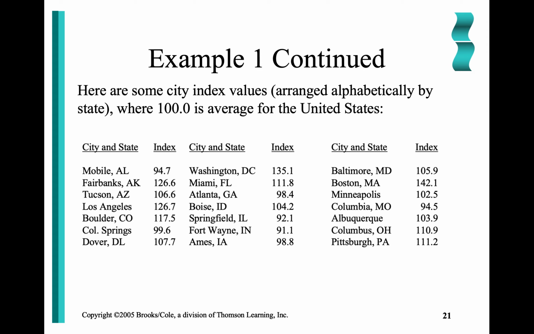Where Boston, 142.1. By a quick glance, it looks like Boston is the highest on our list. If I was offered a salary of $35,000 in Iowa and $35,000 in Boston, I may be below the poverty line in Boston, based on the number that we see here.